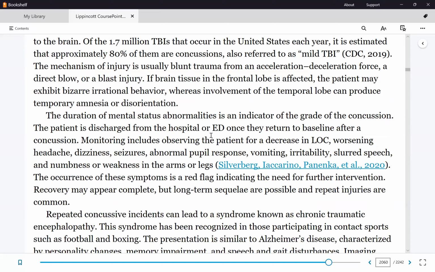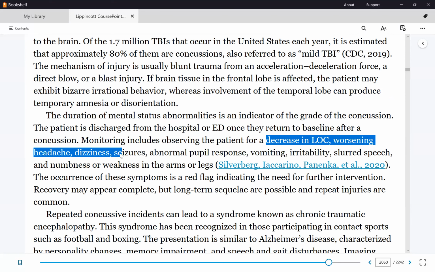These are the instructions. They have to return to the ER when the following appear: decrease in level of consciousness, worsening headache. I said there was a headache in concussion, but if that headache gets worse, you bring them back. Dizziness. The patient has a seizure.